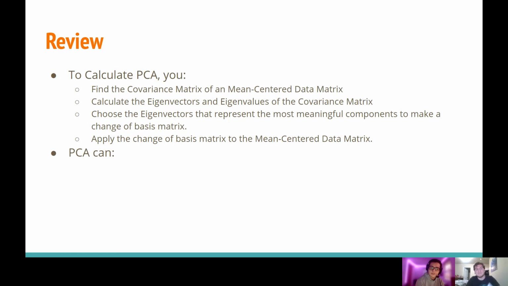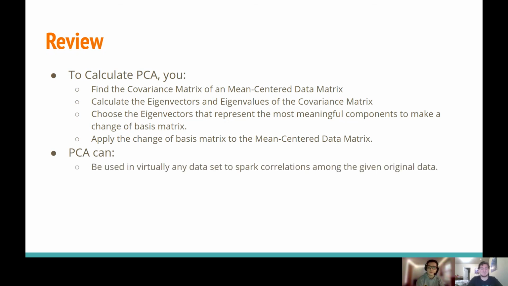PCA has real-life applications and can be applied to virtually any data set to spark correlations among the given original data. Really, it can be used for anything for the most part, ranging from astrophysics, studying space, to something as simple as video games. In fact, literally right before we started filming, I talked with my dad on the phone.